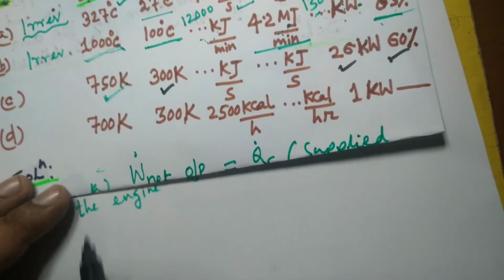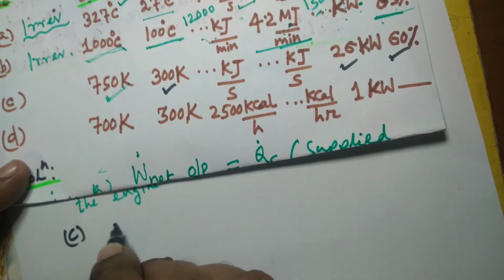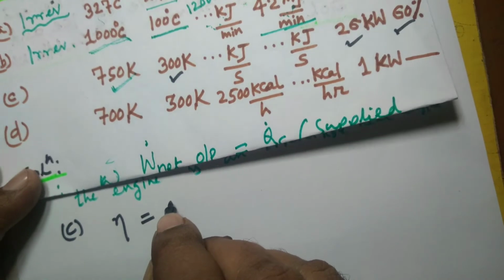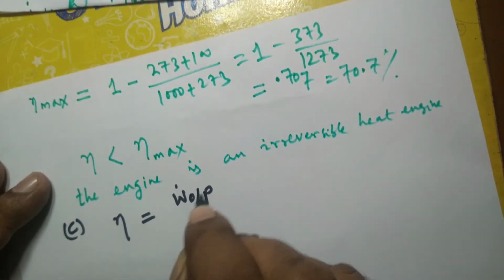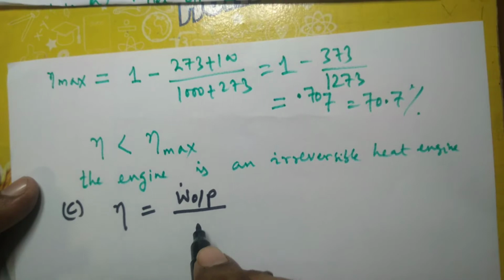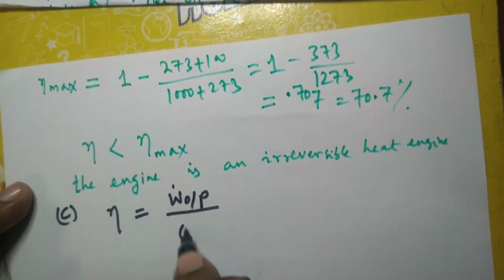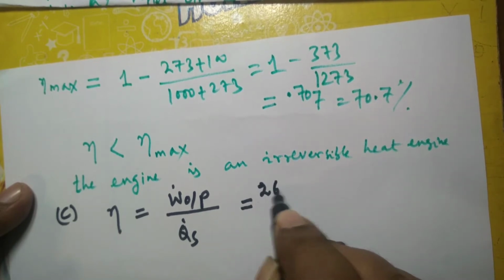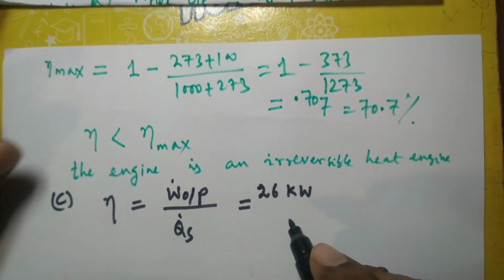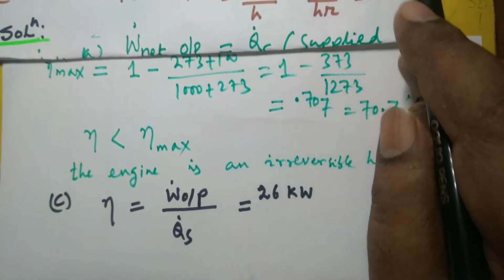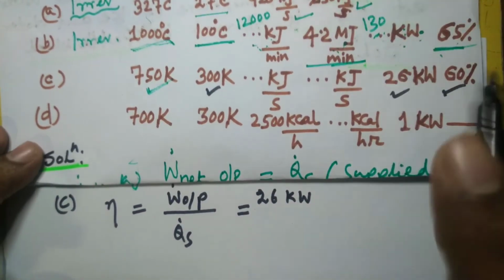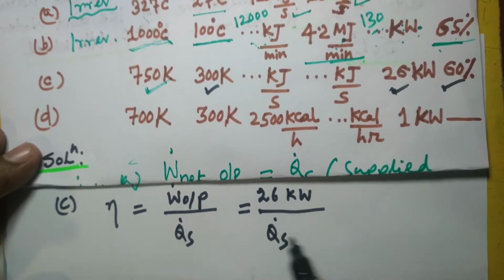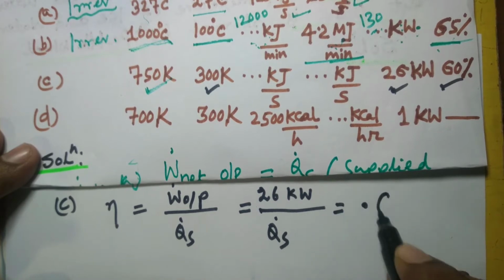So you see, efficiency is nothing but rate of work output divided by rate of heat supplied, and the rate of work output is 26 kilowatt. Heat supplied we have to calculate. And this is equal to 0.6.